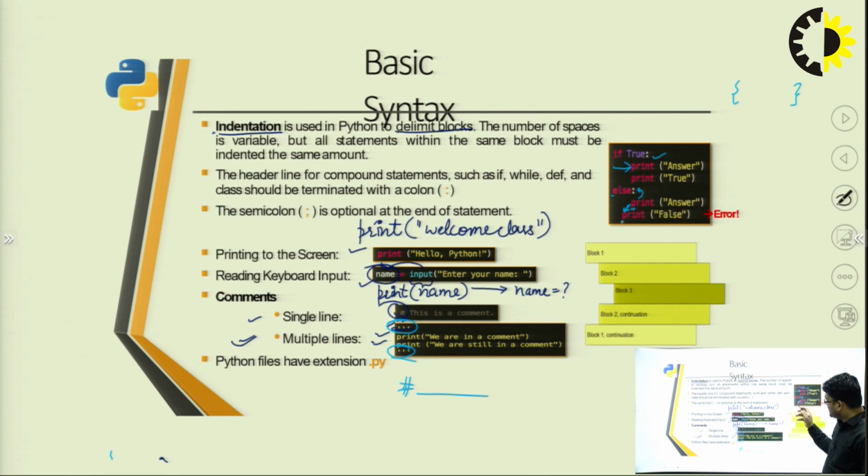So now this print will not be part of else, because we have moved this block a little bit to the left or right, whatever. So in if, the compiler will consider these two statements, and in else the compiler will consider only this statement. This last print statement will not be part of any if or else, right?